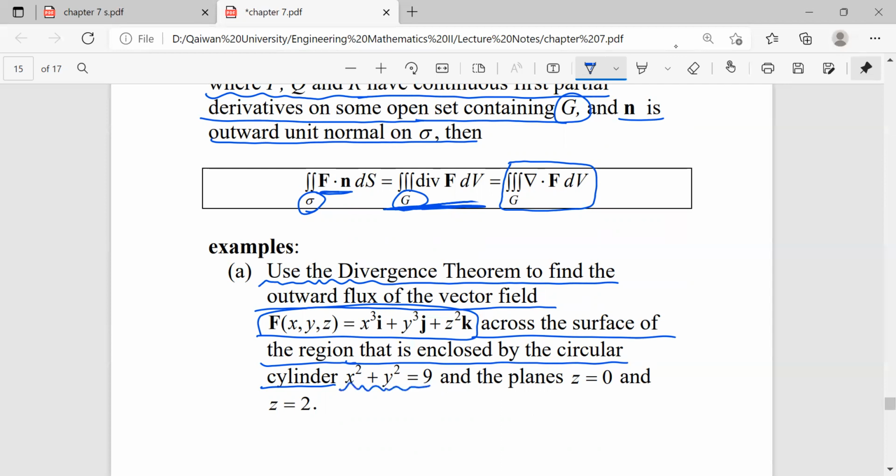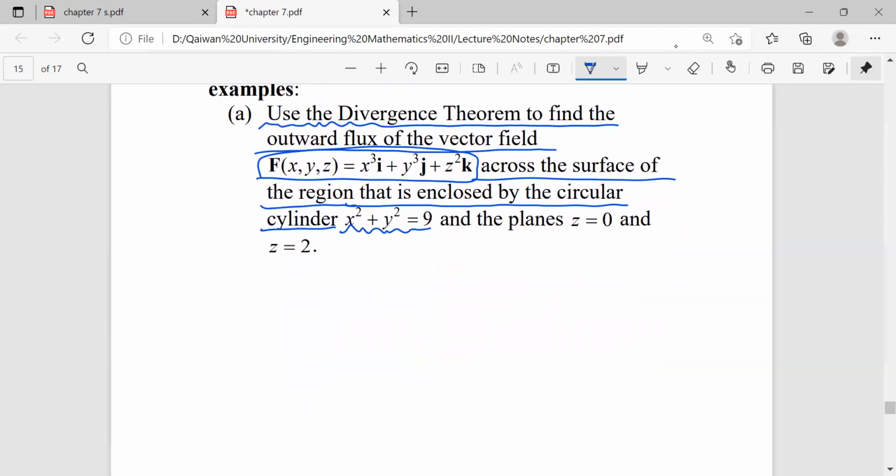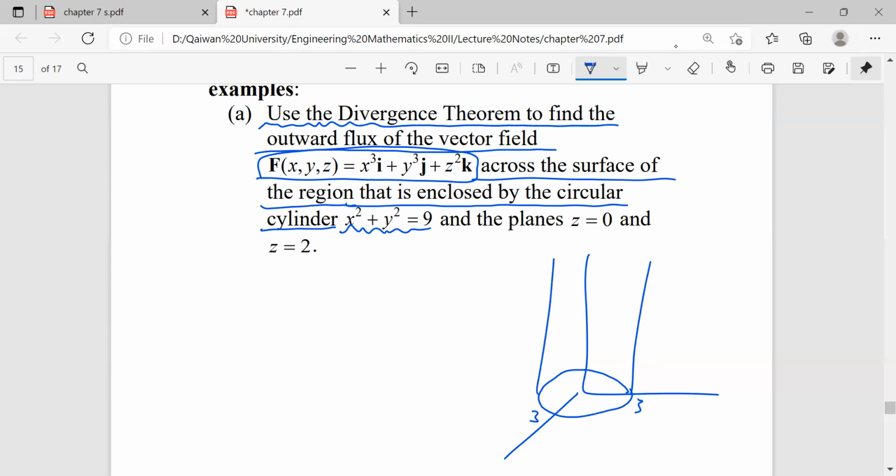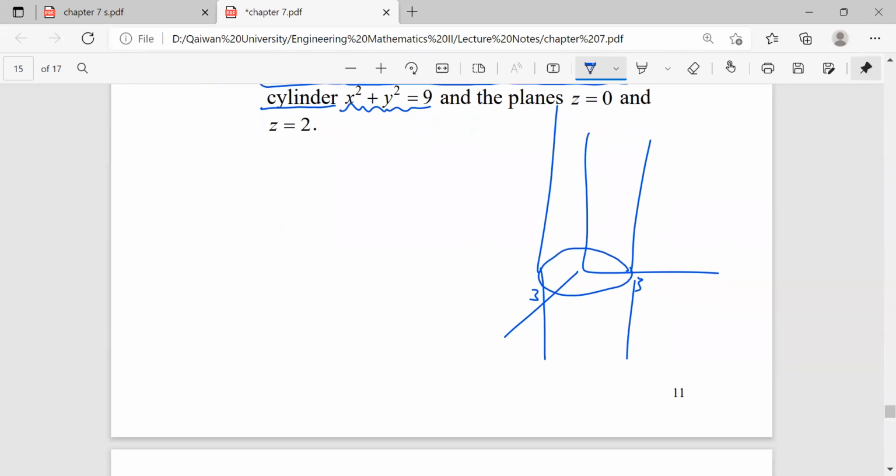X squared plus y squared equals 9. Let's draw the graph. It is like this, and its radius is 3. It goes up and down.